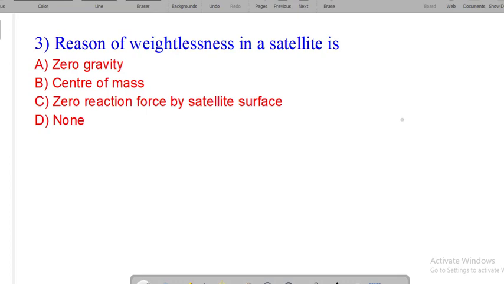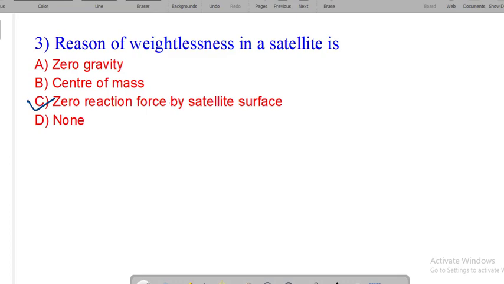But a satellite is an example of a freely falling body, and in a freely falling body there is no action on the floor, and when there is no action, there is no reaction. This is the reason astronauts feel weightless on the space station or on the rocket. They do not produce any action on the floor of that rocket or space station, and therefore there is no reaction.